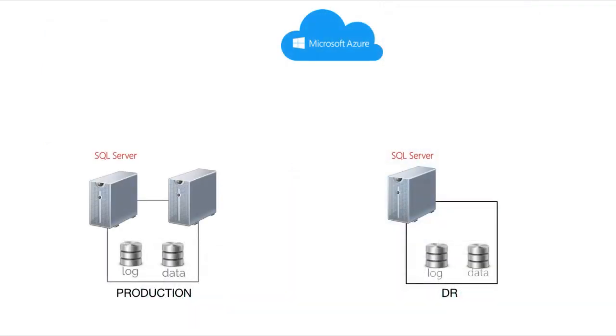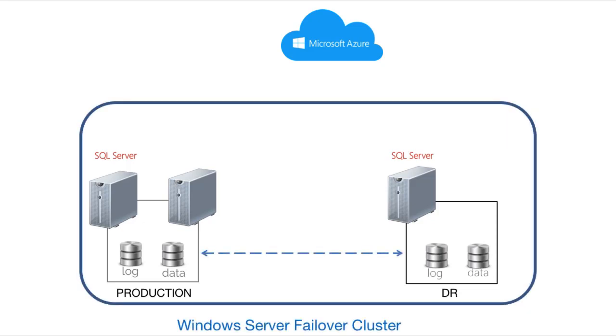And when you think about it, this is how it works. You have two nodes for your production data center and one node for your DR data center. You might want to put your file share on another data center. It could be on Microsoft Azure, or it could be in Azure Blob Storage if you're running Windows Server 2016 for your failover cluster.